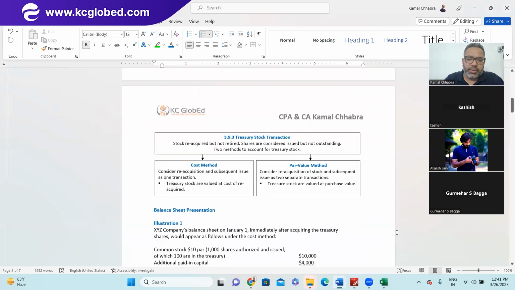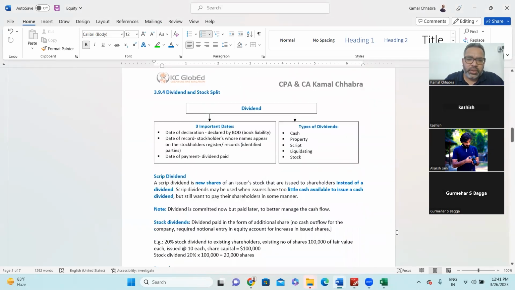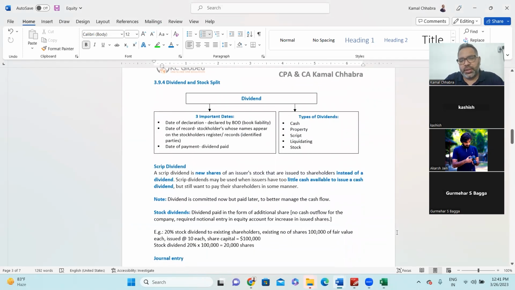So first, let's jump into the fourth topic, which is dividends and stock splits. Dividend, we all know, on the equity shares or on the preference shares, a company does provide dividends, right? On preference shares, there is generally a preferred rate of dividend, which is agreed on the face of the preference share itself, and that can be accumulated or non-accumulated, right?